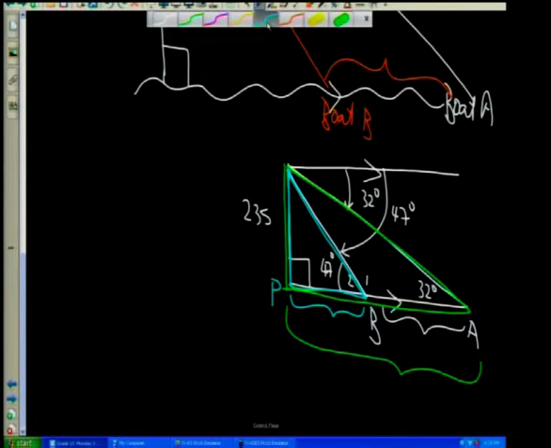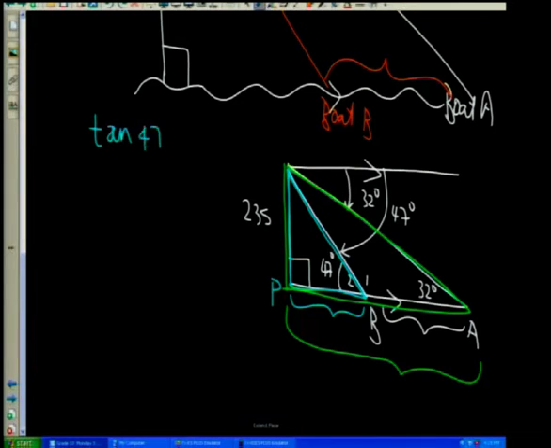Which ratio connects opposite and adjacent? My tan ratio. So in the blue triangle, tan 47 is equal to opposite, which is 235, over PB, which is what I want to find. Notice that if my denominator is my unknown, I'm going to multiply both sides and then divide by tan 47, in two steps.